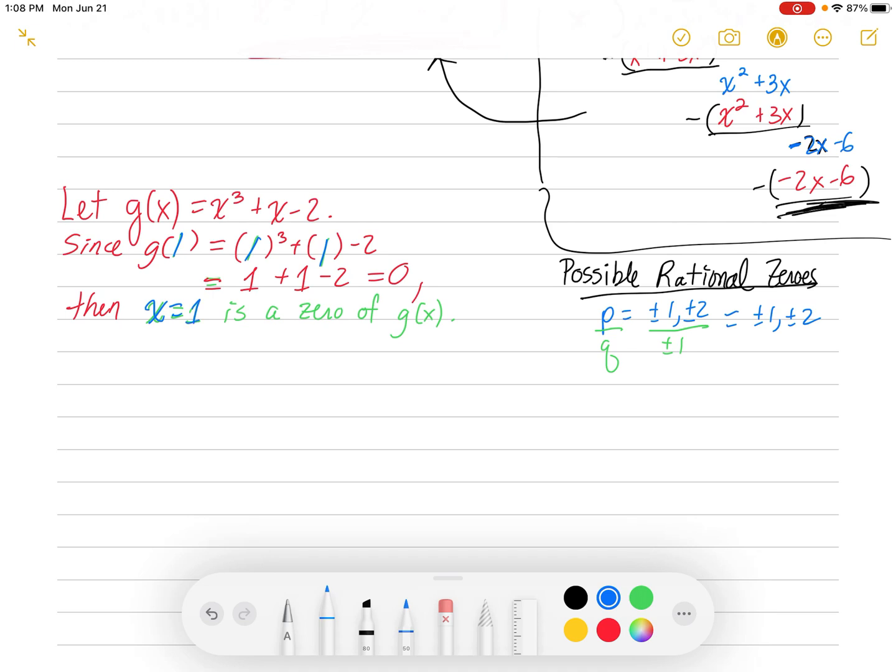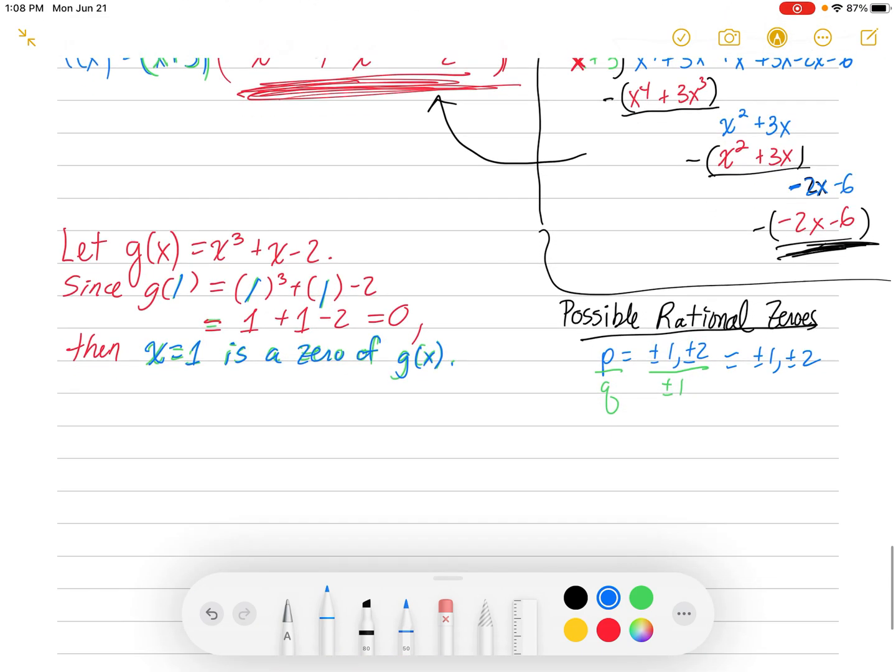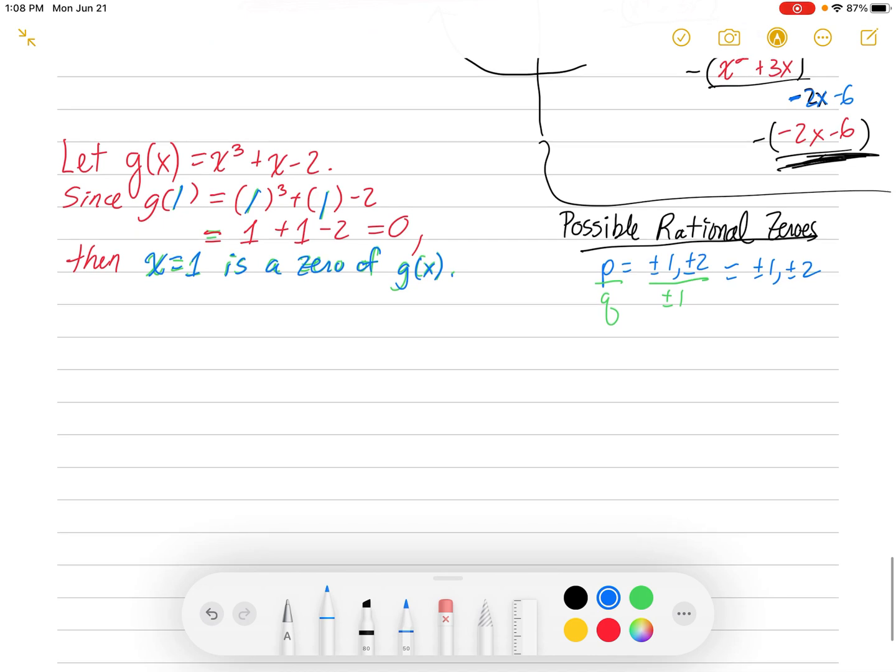Let's make it another color. Let's make it blue, since we've already used the green 0 earlier. So what does that mean?